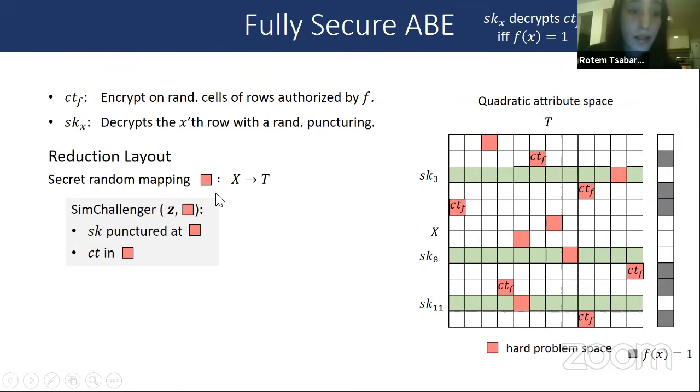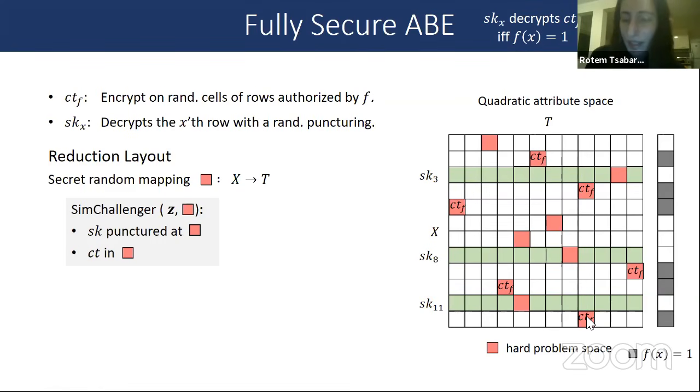And whenever there is a query for a secret key, we will puncture the secret key on the column that we already chose for the given row. And then when there is the ciphertext query, for all of the authorized rows, we will generate a ciphertext on the pseudorandom column that we already committed to at the beginning of the simulation.